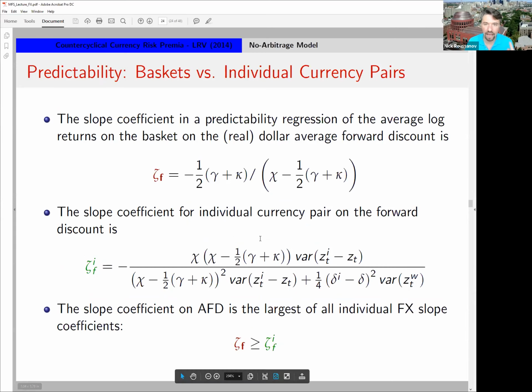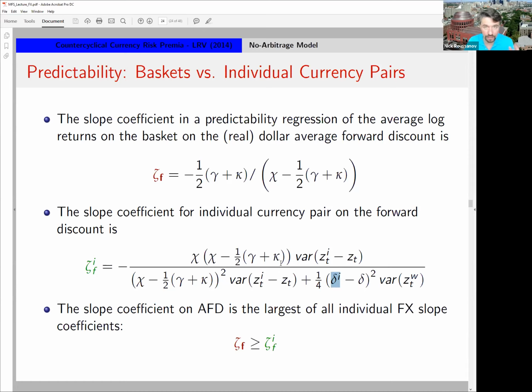We can actually derive these Fama coefficients inside the model, and what we see is that in the bilateral forward discount, the regression coefficient is smaller as long as the country is different from the average country.